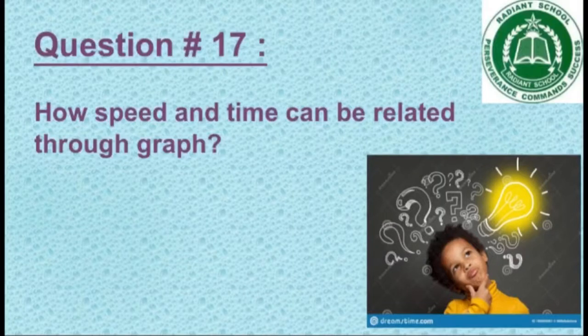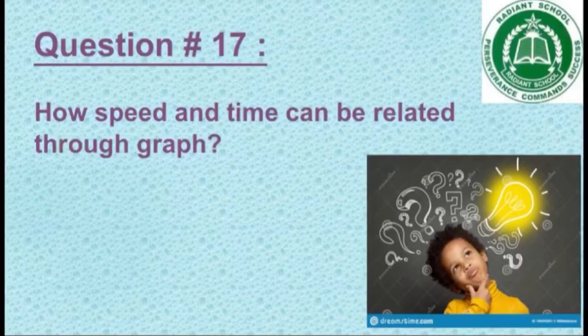Let's see today's question. Question number 17 is how speed and time can be related through a graph. Meaning, if you draw a graph between the two quantities, speed and time, how are these two quantities related through the graph?